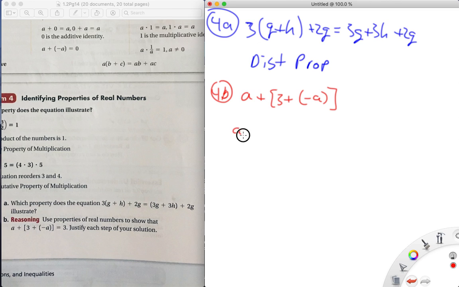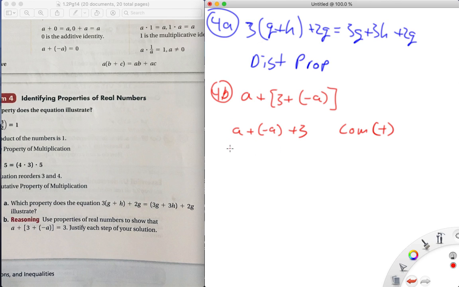And I'm going to have A plus negative A plus 3. And what I did there was I used the commutative property of addition to rearrange the order. And remember, rearranging the order doesn't change the final answer.